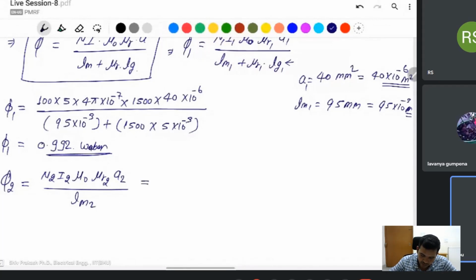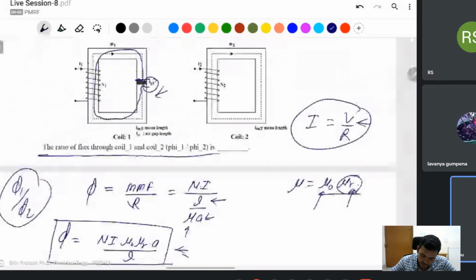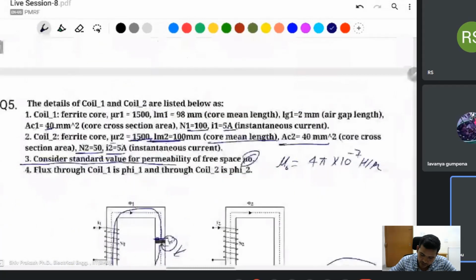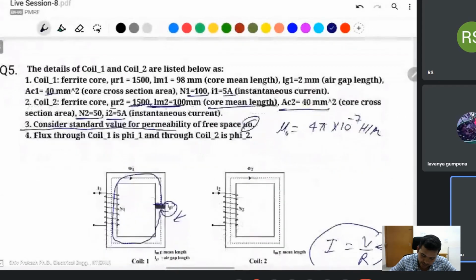Then N2 is 50 and I2 is 5 ampere, and the remaining is the same.